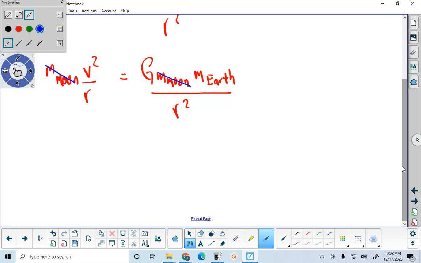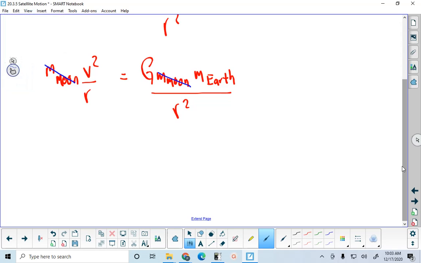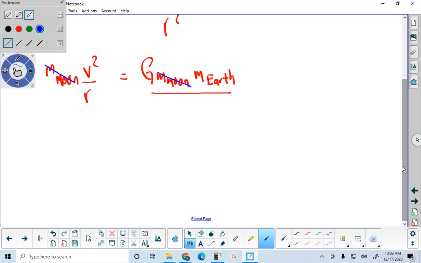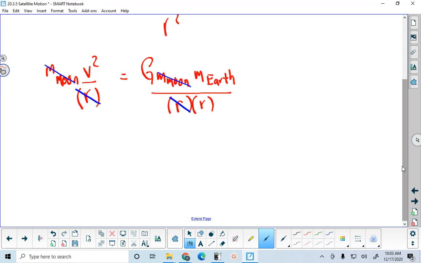The second thing we can do is cancel one of the r's, because r squared is r times r, we can multiply both sides of this equation by r and cancel an r with an r. Little bit of algebra here. This gives us the statement that v squared equals G times the mass of the Earth over r. Well, that's easy. What we did to get to this point is not easy, but to find v now is easy.